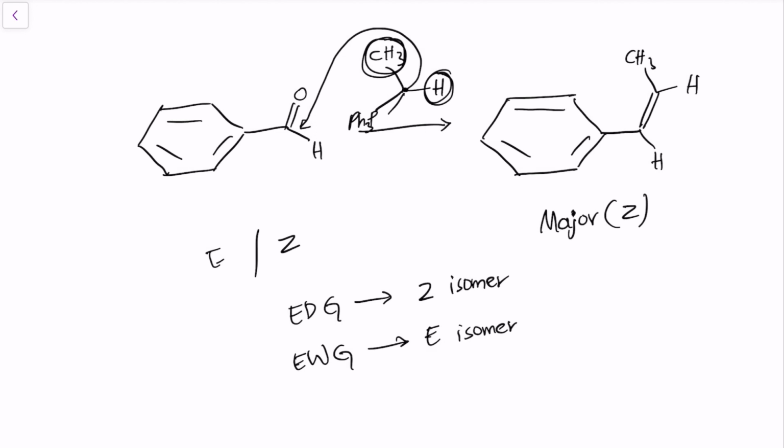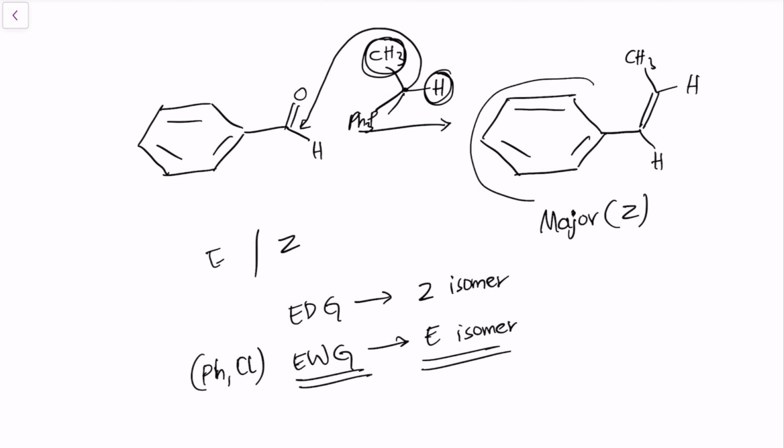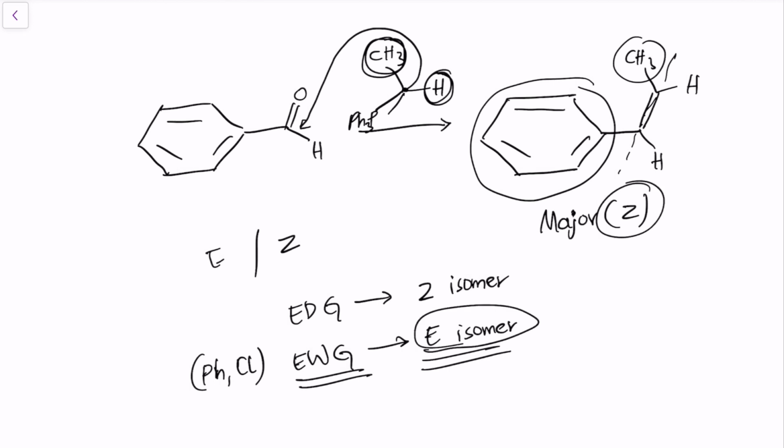An example of an electron withdrawing group, you can consider to be a phenyl group or a chlorine. What is the Z isomer here? Notice that the two main groups are on the same side of the double bond, so that's why it's a Z isomer. If they are on the opposite sides, we create the E isomer.